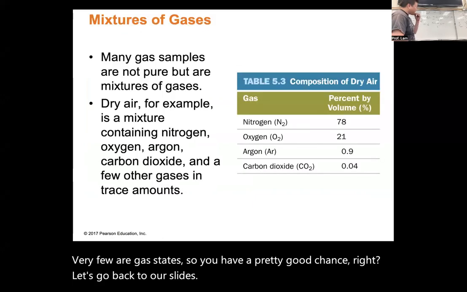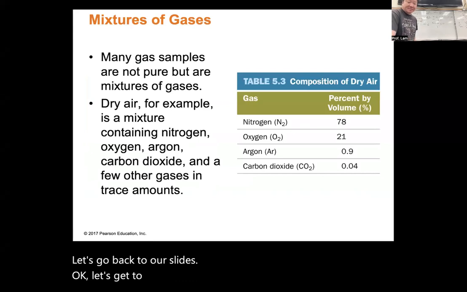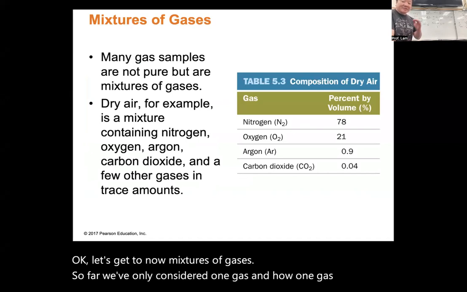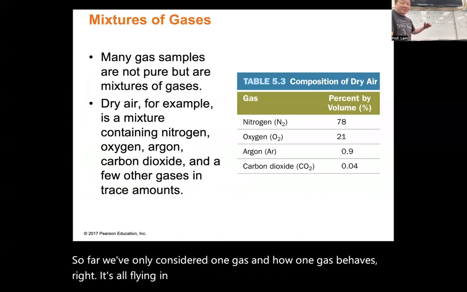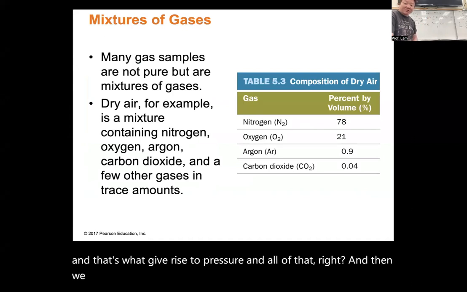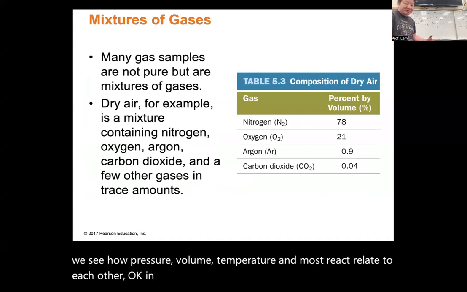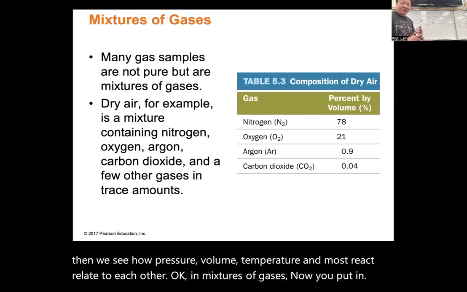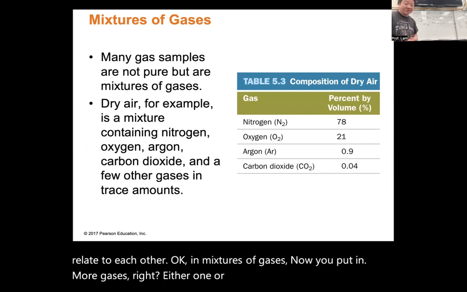Okay, let's get to now mixtures of gases. So far we've only considered one gas and how one gas behaves, right? It's all flying in random directions and then it strikes the wall, and that's what gives rise to pressure and all of that, right? And then we see how pressure, volume, temperature, and moles relate to each other. Okay. In mixtures of gases, now you put in more gases, right? Either one or two or three or four, sometimes even 20.